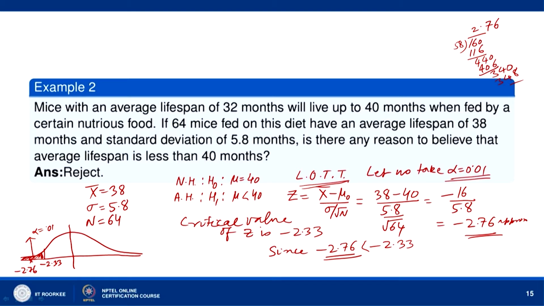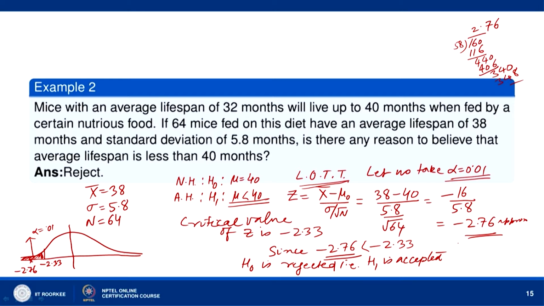So, we are in the critical region. Okay. So, it follows that H naught is rejected, meaning that H1, the alternative hypothesis, is accepted, and the alternative hypothesis is that mu is less than 40. That means, there is reason to believe that the average lifespan is less than 40 months.